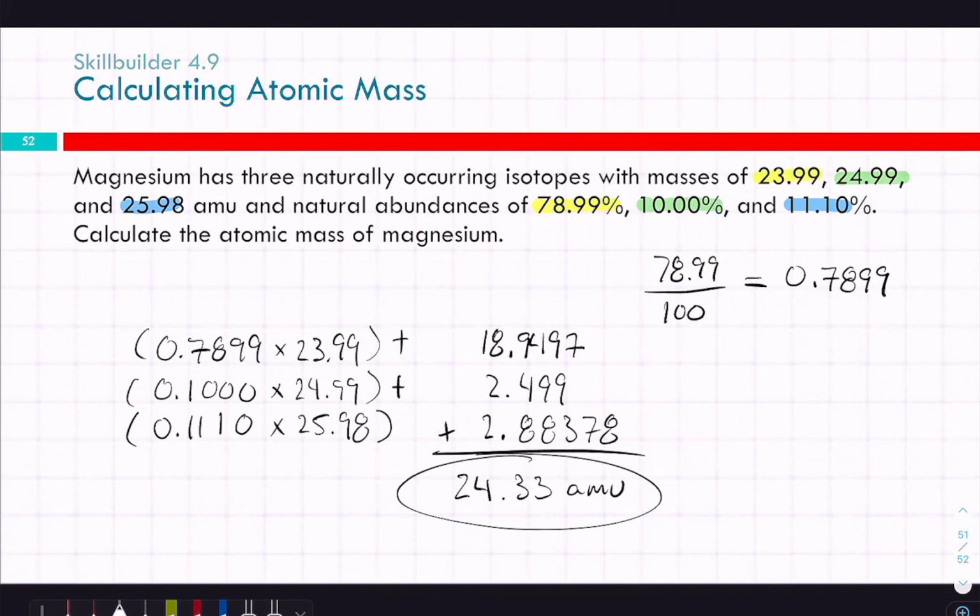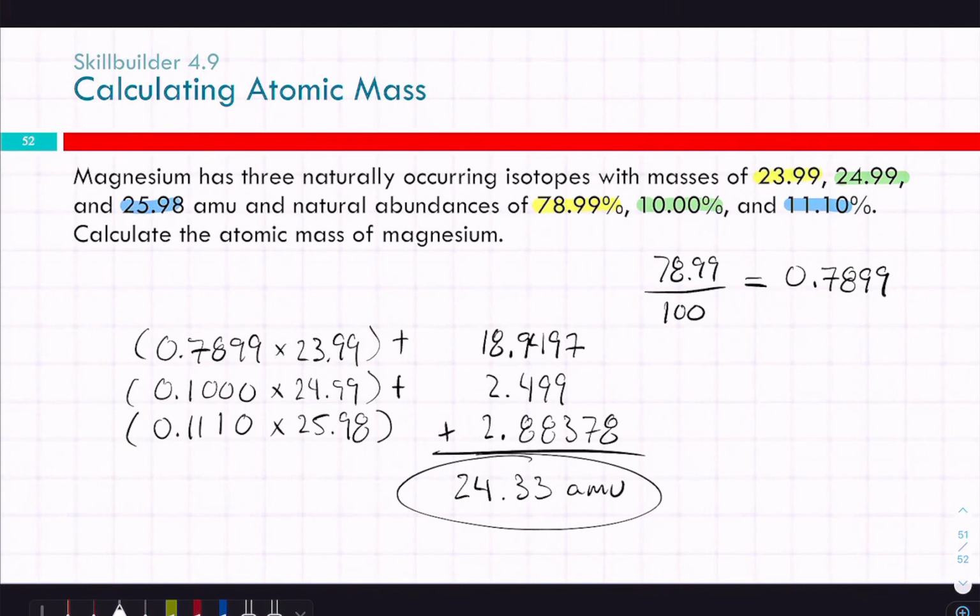Because percentages are funny things. They're not numbers that you can really use for anything. The reason that we multiply them by 100 is to make them sort of whole numbers instead of fractions of a number.